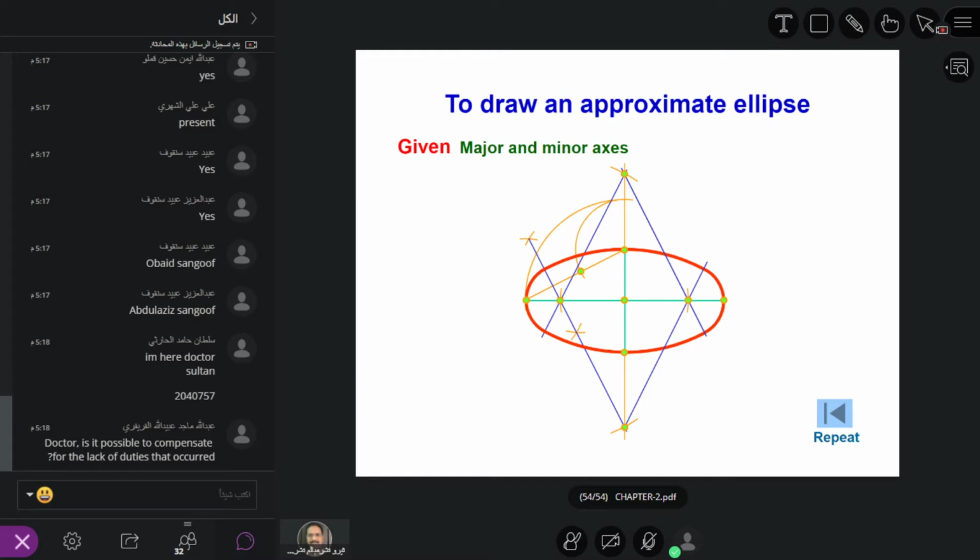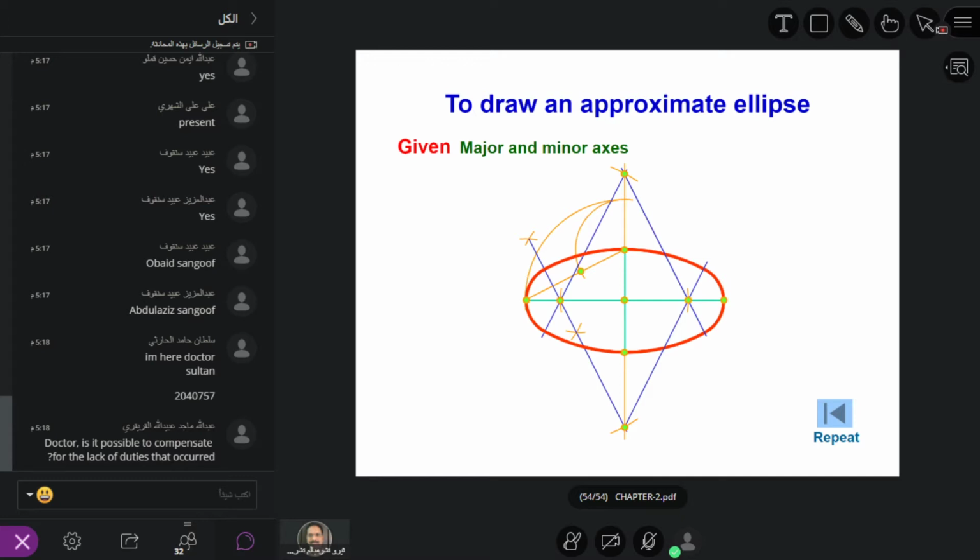So first draw the major axis. He was using a compass, but you can directly use your drafter to measure this. And the most important thing is you have to bisect it, make a perpendicular line, and then you put the minor axis here. This is the standard procedure.